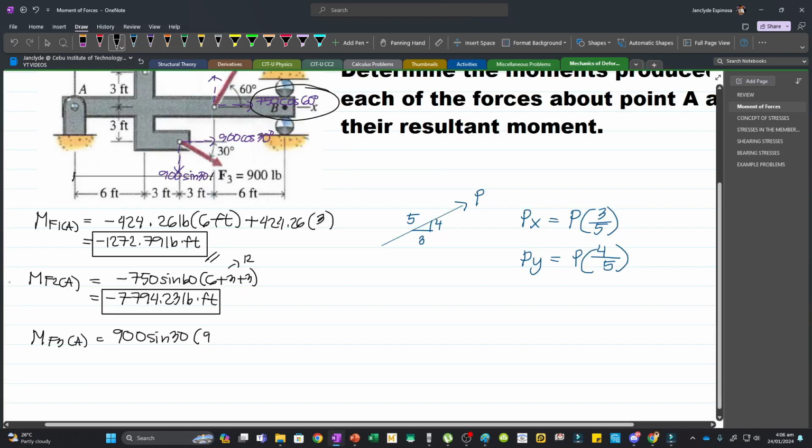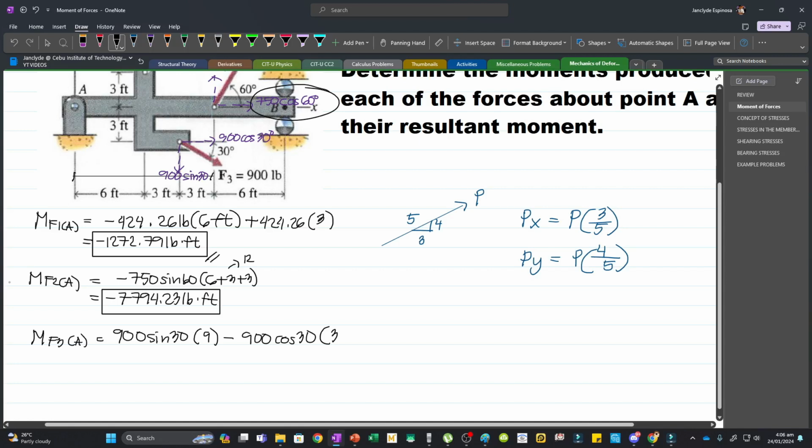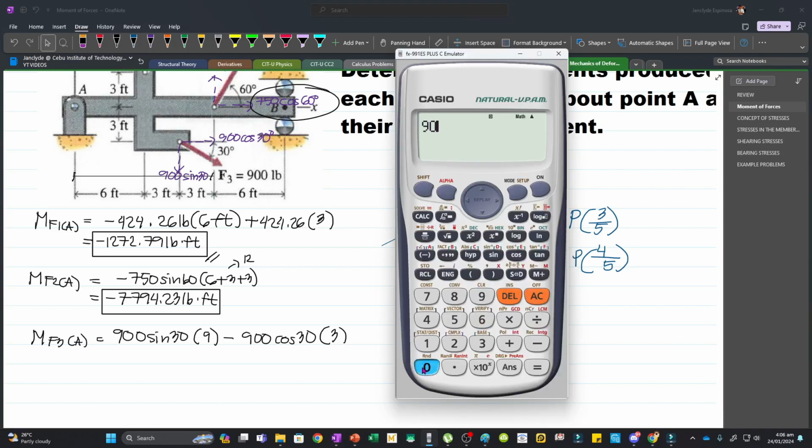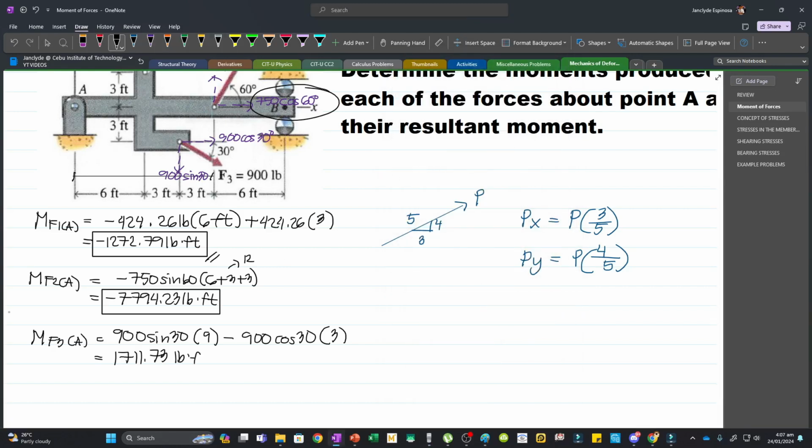So that will be 9. And then we have minus 900 cos 30, which is the horizontal component. And then we will multiply that one with 3 feet, which is the perpendicular distance. So times 3. And then we have 900 sine 30 times 9 minus 900 cos 30 multiplied by 3. So we have 1711.73, and this is lb times feet.